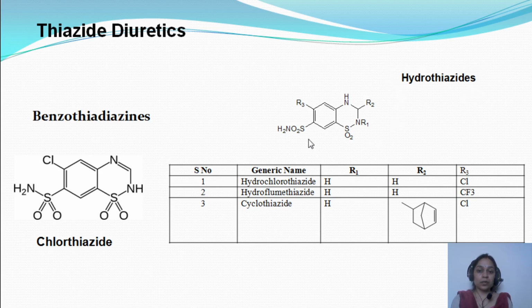So the general structure of hydrothiazide, and according to drugs, R1, R2 and R3 substituents are there. The difference in both structures is only this bond, this one.